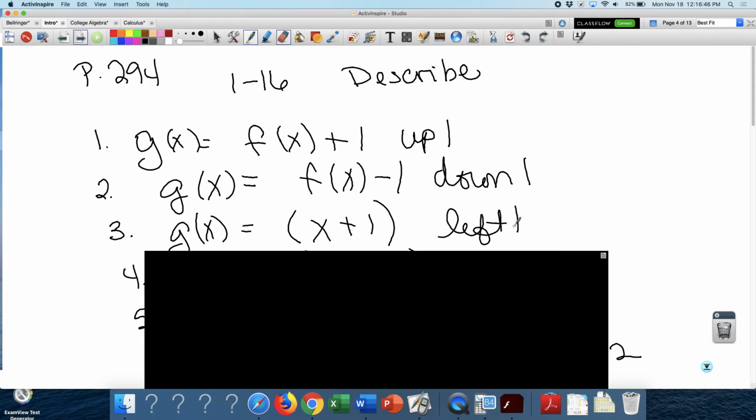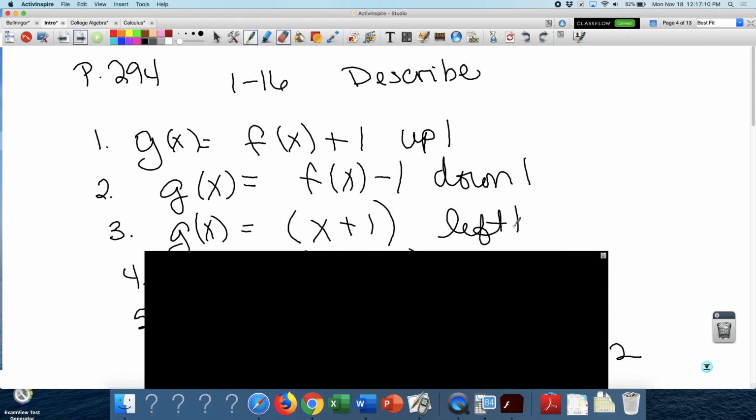Right, on the left hand. You don't pay attention to why. If it's in the brackets, it acts opposite of what it should. You would think this would tell you right 1, but it's in the brackets, and the brackets make it act like it doesn't want to, like it should not.